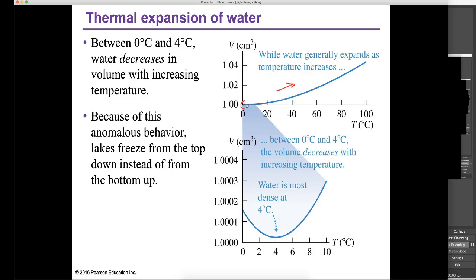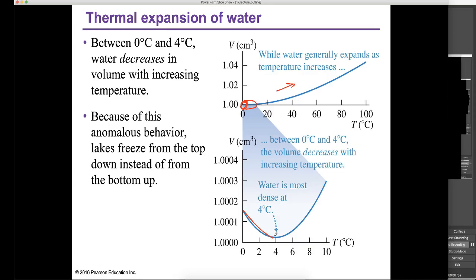However, if you zoom in into this small area, you will notice that actually between 0 and 4 degrees, when the temperature is getting higher, the volume is getting lower. This is only for water.